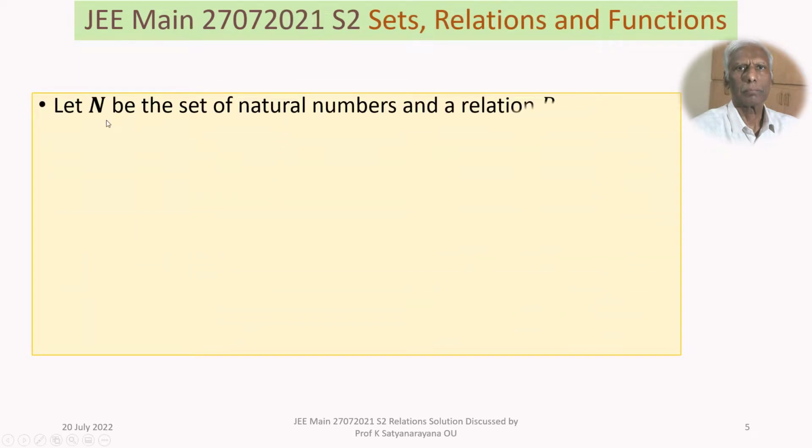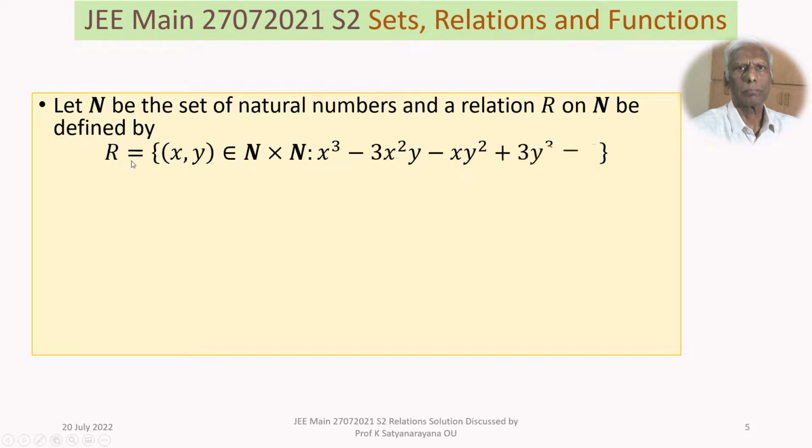The problem is: let N be the set of natural numbers and a relation capital R on N be defined by R is equal to the set of all ordered pairs (x, y) belonging to N cross N, where x and y satisfy x cube minus 3x square y minus xy square plus 3y cube is equal to 0.